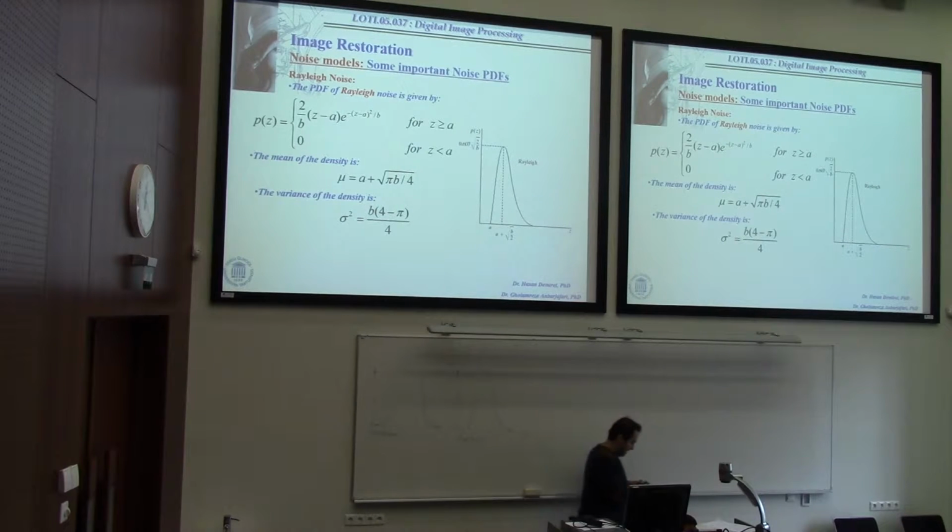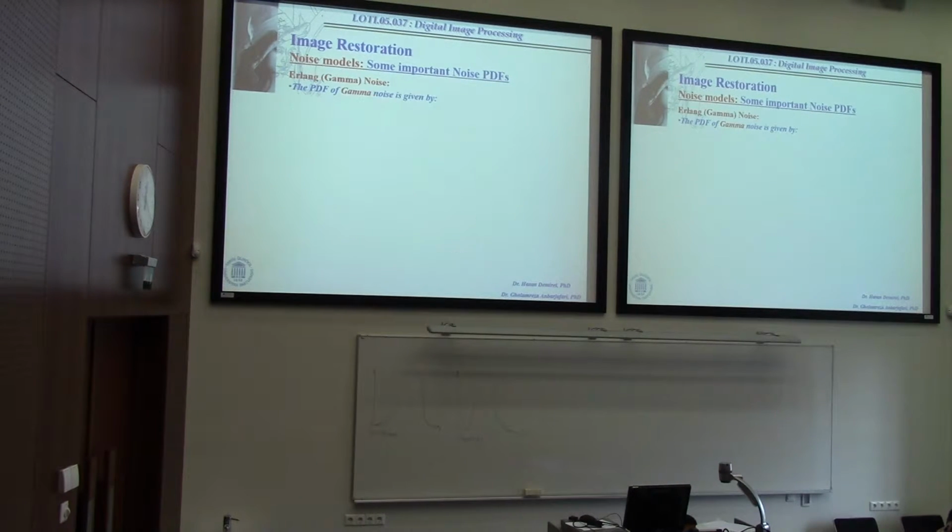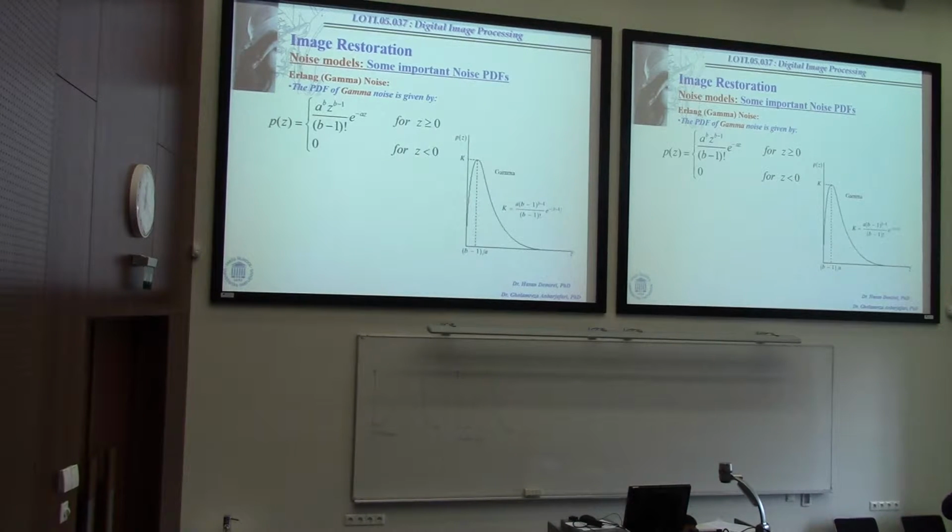Okay. The next noise is the gamma noise. Also, you can see the PDF of this function, and also the function you can find it here. Also, we can find the mean and variance of the function by using this equation.